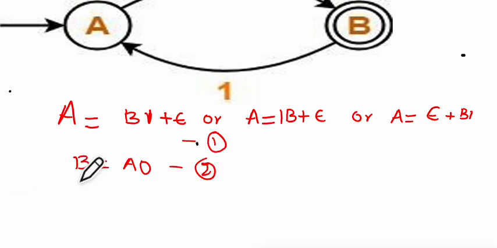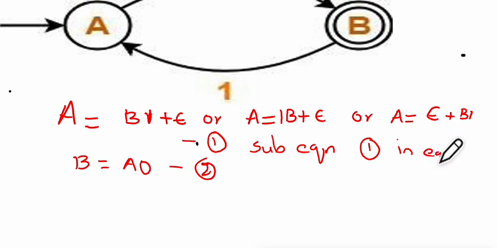Now, the way we solve equations mathematically, we substitute A's equation into B and then solve. So we substitute equation 1 in equation 2, as we have to solve for the final state. Obviously we have to bring it into the form R equal to Q plus RP.